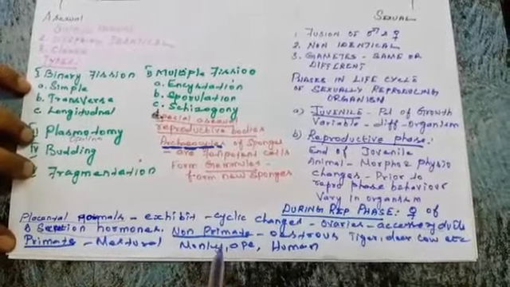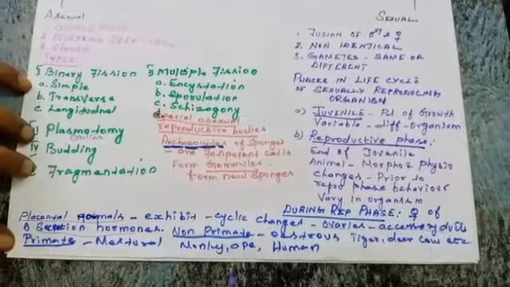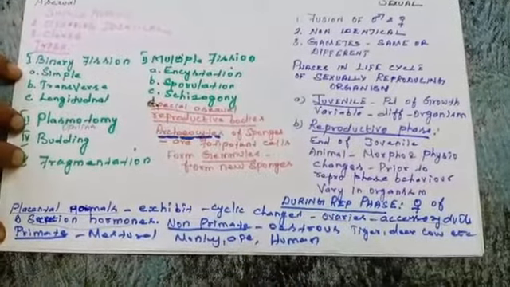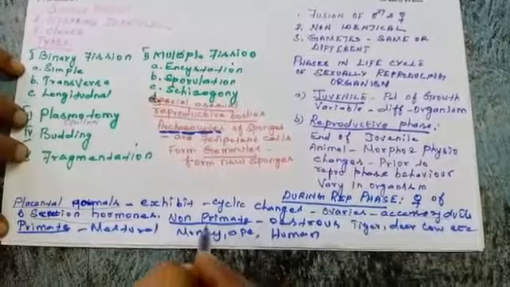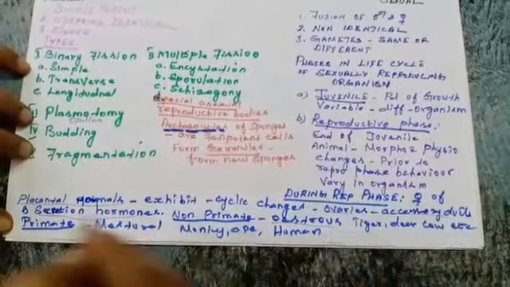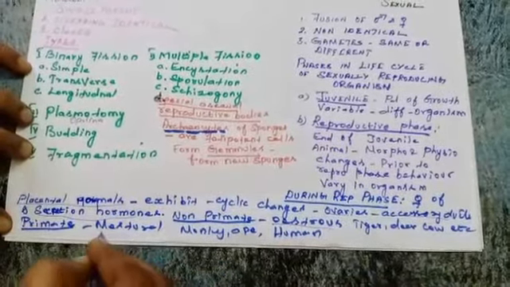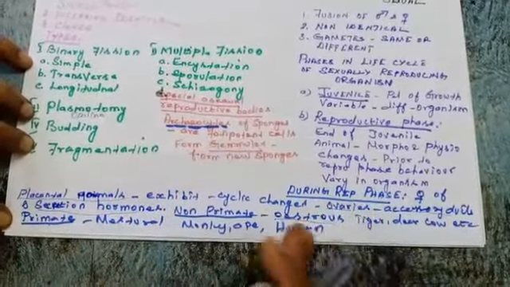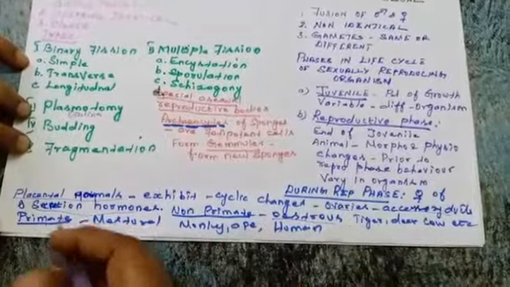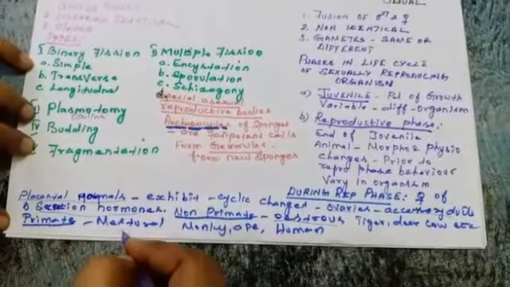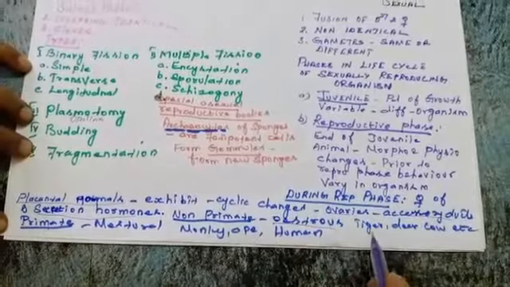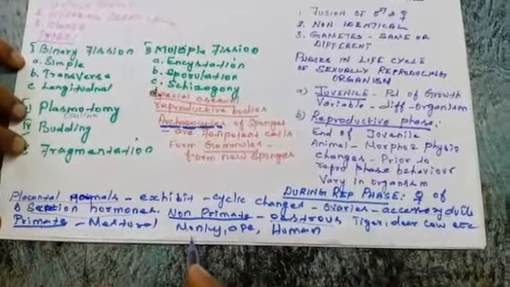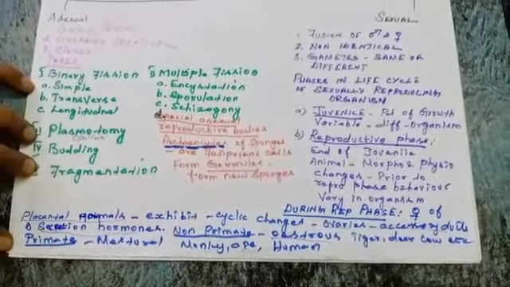These cyclic changes in placental mammals are called the estrous cycle in non-primates. In primates, it is called the menstrual cycle. Estrous cycle examples: tiger, deer, cow, etc. Menstrual cycle examples: monkey, ape, human.